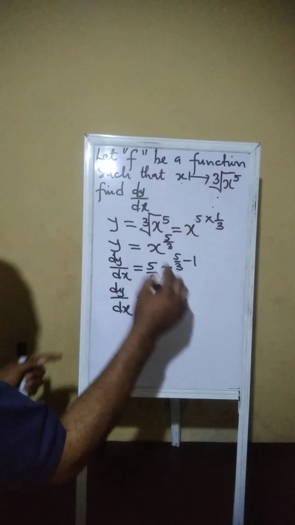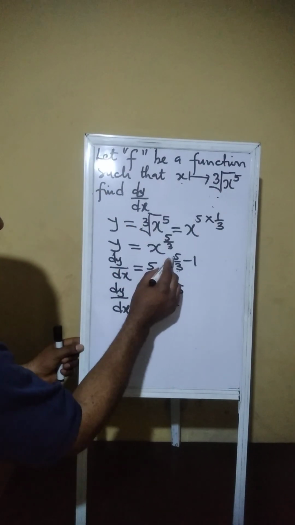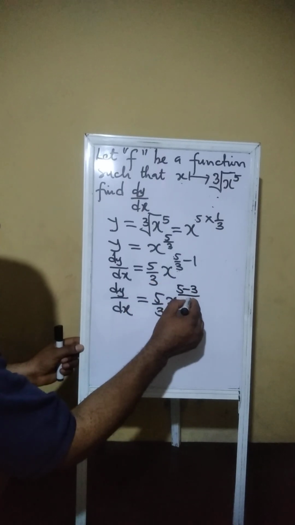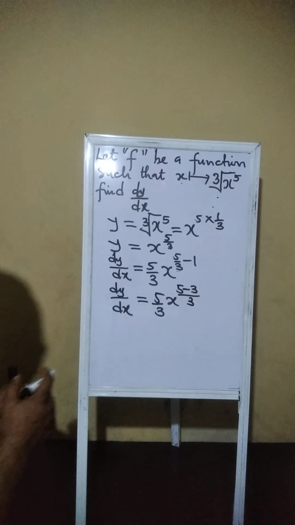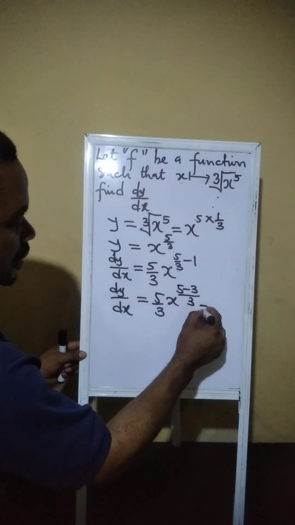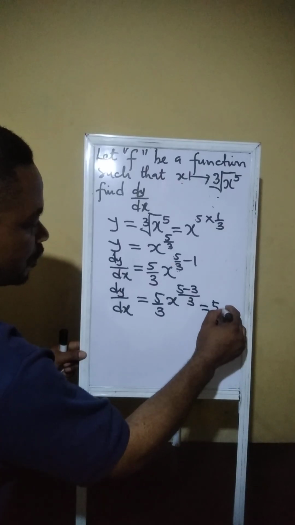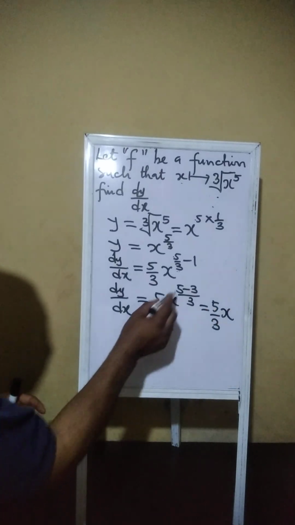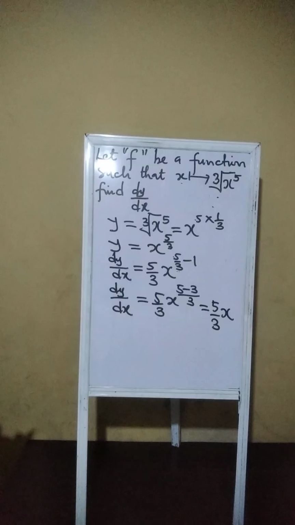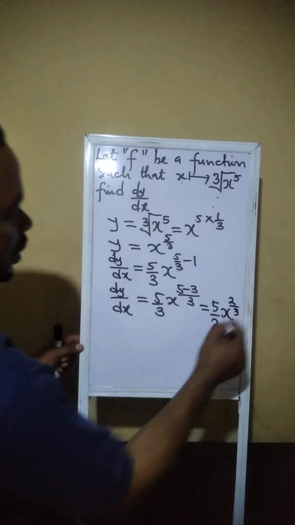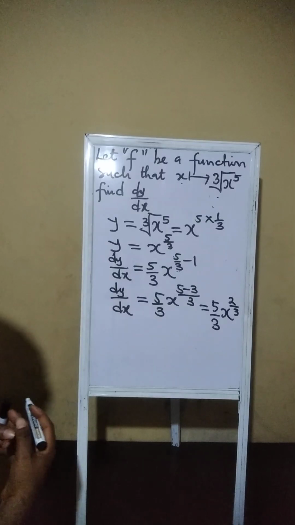So the numerator now will be 5 minus 3, divided by the denominator, which is 3. So in that process, we now have 5 all over 3, then followed by x. Then 5 minus 3 is 2, then all over 3.